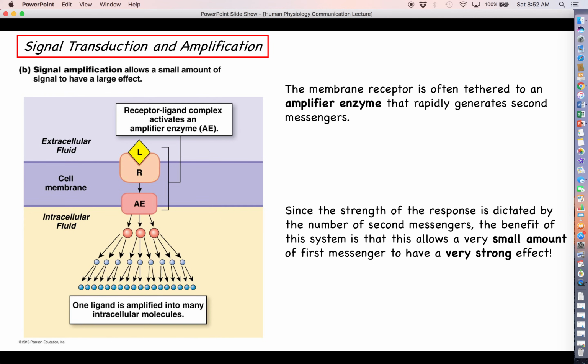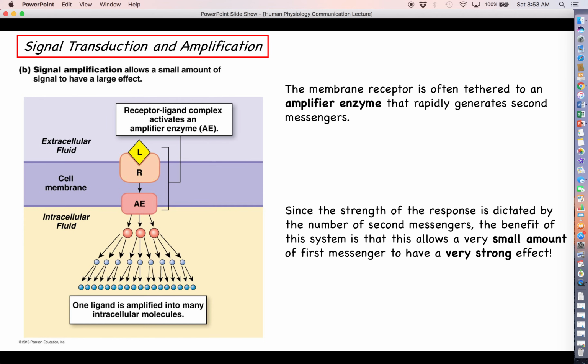So if, say, one ligand produces 1,000 second messengers, then we have amplified the signal 1,000-fold. If we did not have this amplification mechanism and say we needed 1,000 second messenger molecules in order to hit our threshold for a response, we would need 1,000 ligand molecules to give us 1,000 second messengers.